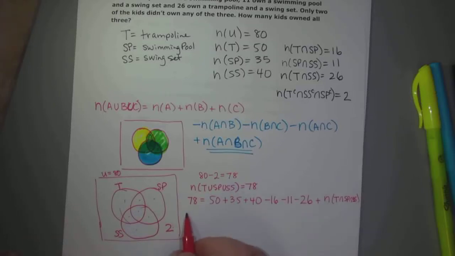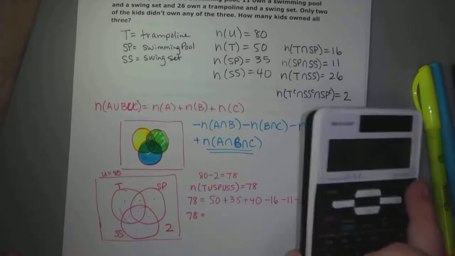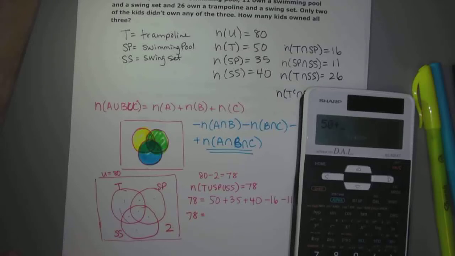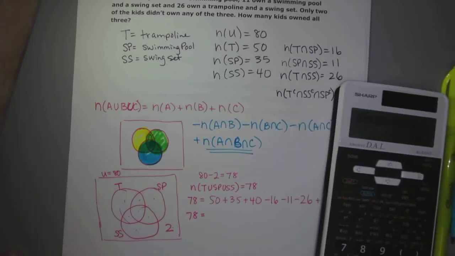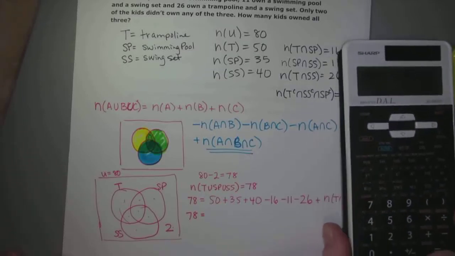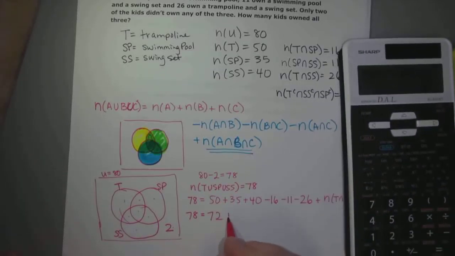So let's work all of this out. 72. So 78 minus 72 is 6. So we know the center is 6. And then we can work our way out.